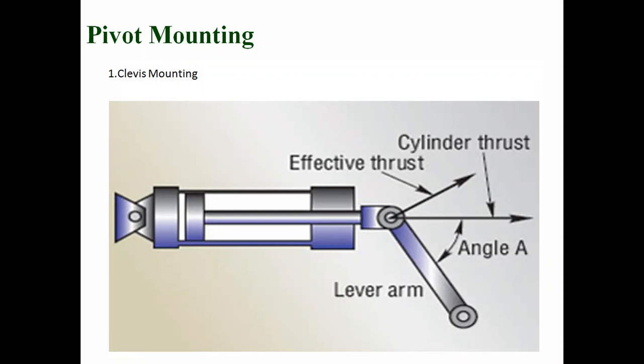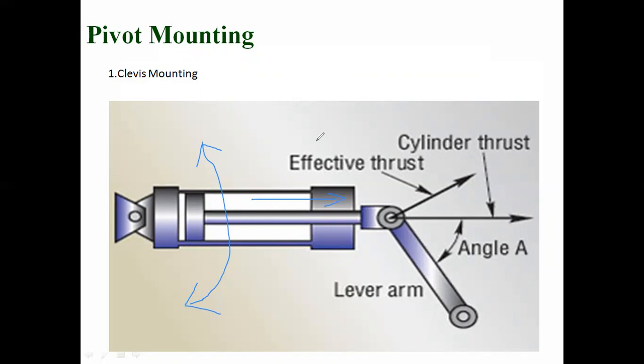In clevis mounting, at the end of your piston rod, a clevis arm is placed. There is a hole so that we can pivot this point to the application we require, so that we can provide angular movement to the cylinder. So your cylinder can oscillate in this direction also, while providing reciprocating action.